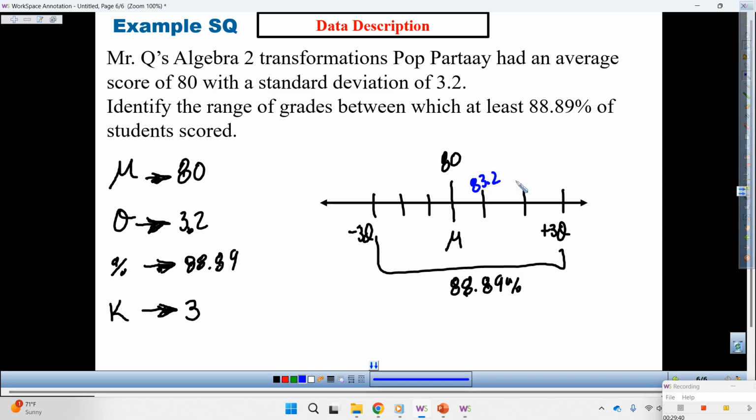And the next one? And the next one? How about the other way? And the last one? 70.4. Have you got that so far? All right, so tell your neighbor the statement that you're going to write for the answer on that one. What is the statement?